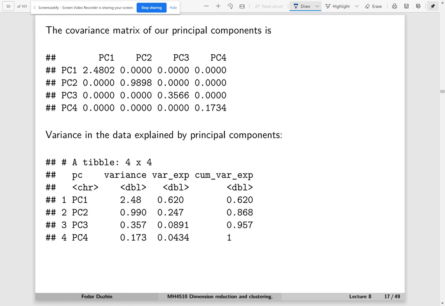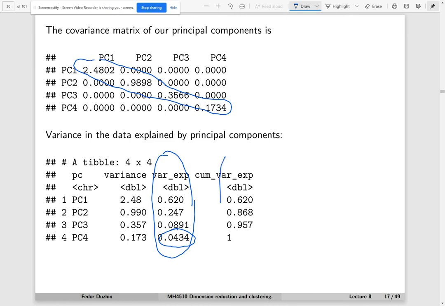If we take the diagonal of this matrix and normalize it, dividing by the sum of the entries, we're going to get the total variance explained by each of these principal components as a percentage of the total variance. So the first principal component explains about 62% of the overall variance in our data, and the last principal component explains 4% of variance in our data.